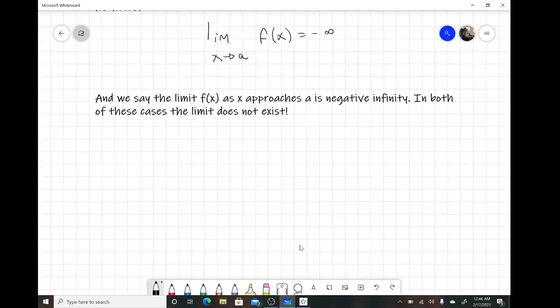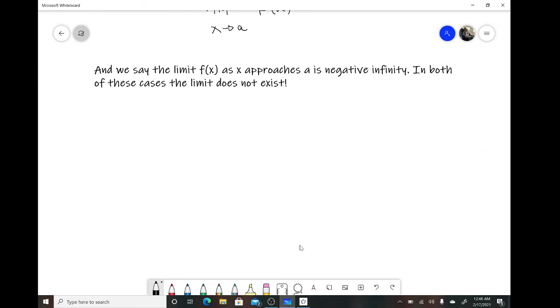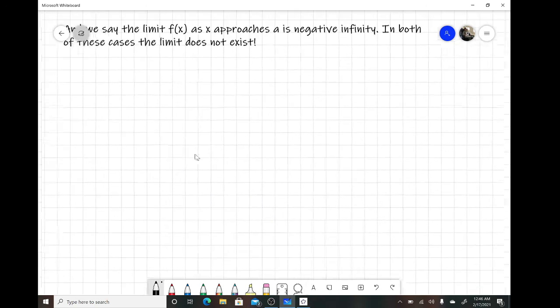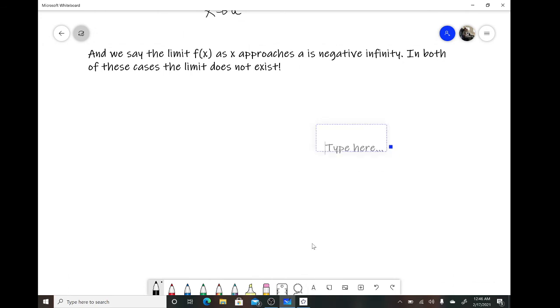Before we said that the limit must be a finite number. Okay, so let's look at a couple of examples. Much like before, we're going to begin with analyzing the limit graphically, and then we'll move into analyzing the limit algebraically.